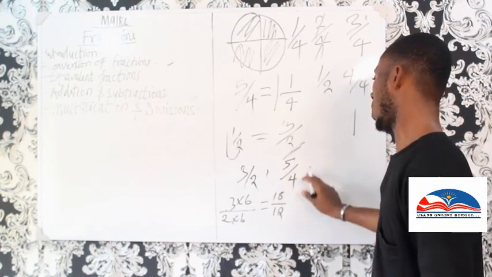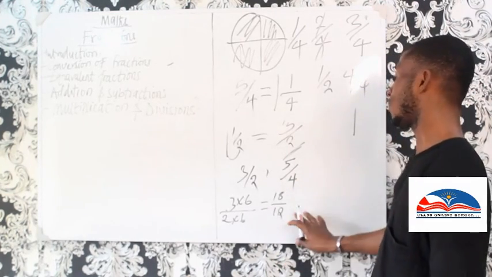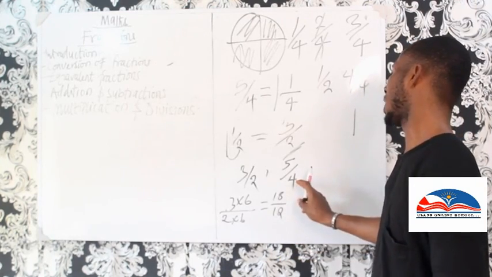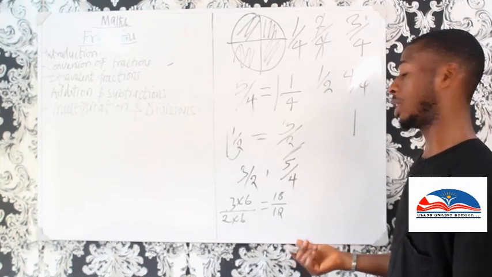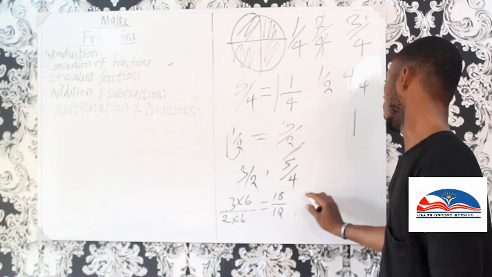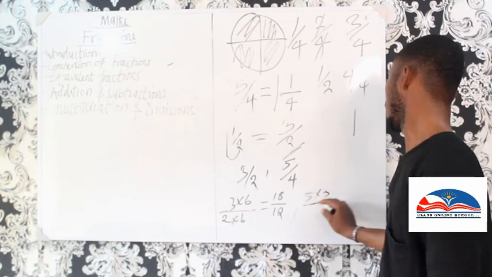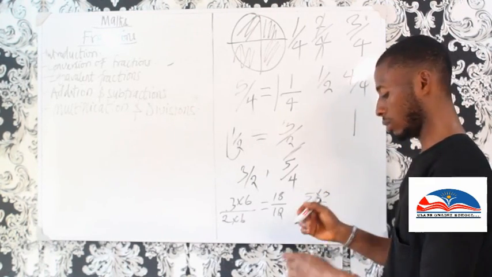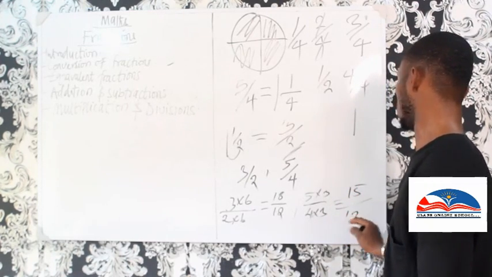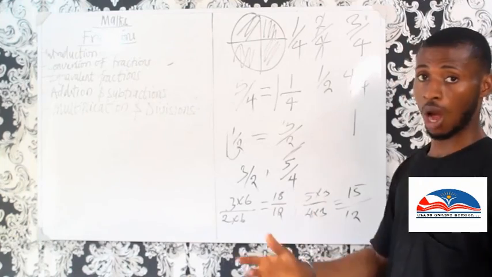Okay, now this one, 5 over 4, we want it to be equivalent with this. What will 4 times what give us 12? 3. Now I have 4 times 3, and this will give us 5 times 3 over 4 times 3, which is 15 over 12.